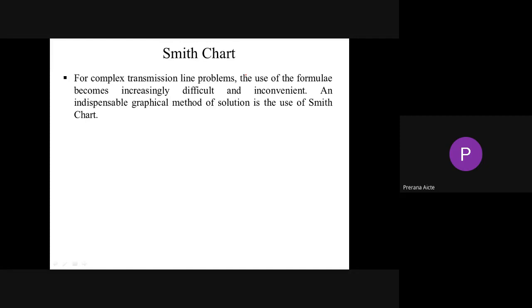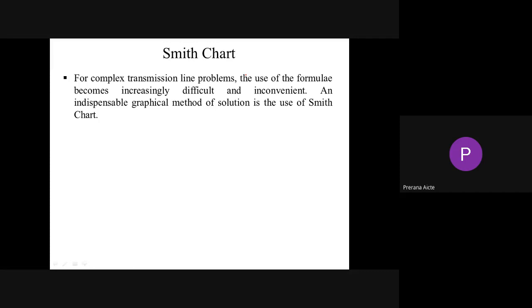For small transmission line problems, we use mathematical functions to find the phase constant, attenuation constant, characteristic impedance Z naught, ZOC, ZSC, alpha, beta like this.